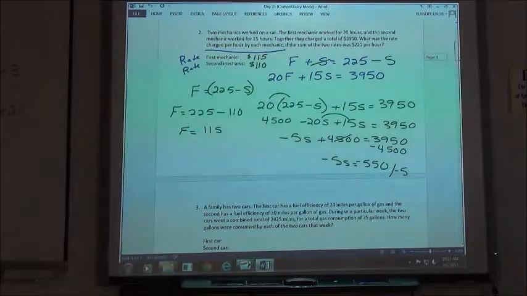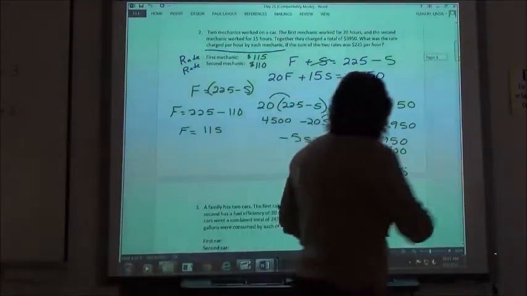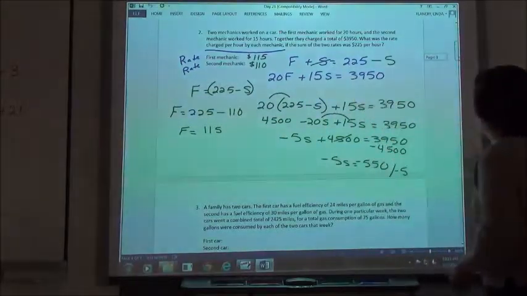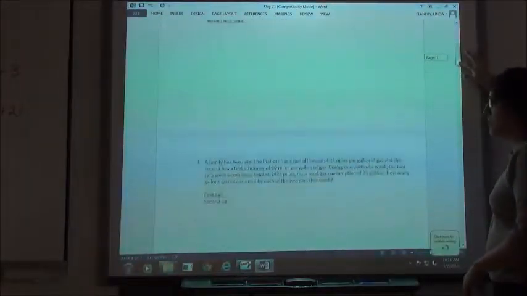So the first guy charged $115 an hour, the second one $110 an hour. Wish I made that. That's if you want to do it by the substitution method. You can pick whichever method you like better.